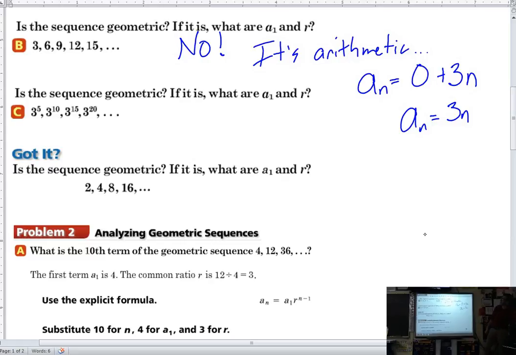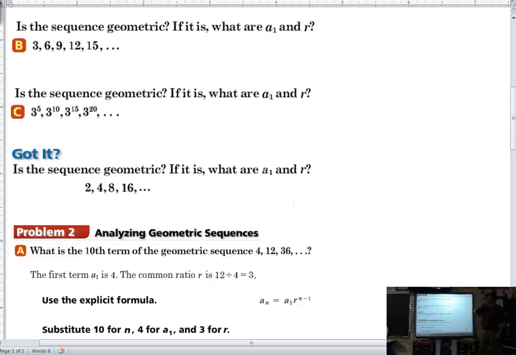Lynn, what do you think? If I have 3 to the 5th, 3 to the 10th, 3 to the 15th, 3 to the 20th. This one's a weird one because of the powers. So what's another way we could write this? What would have to happen?